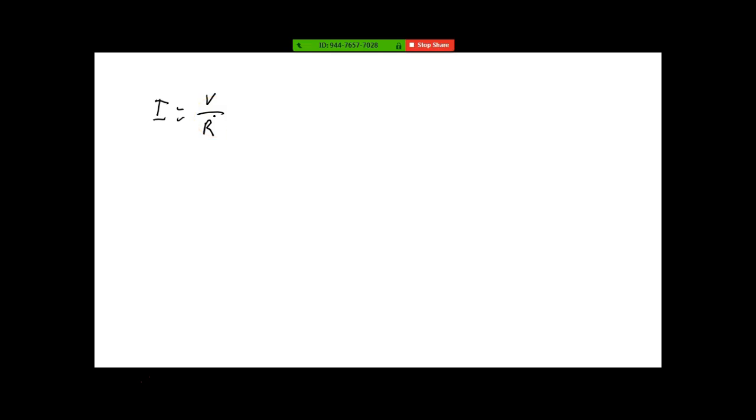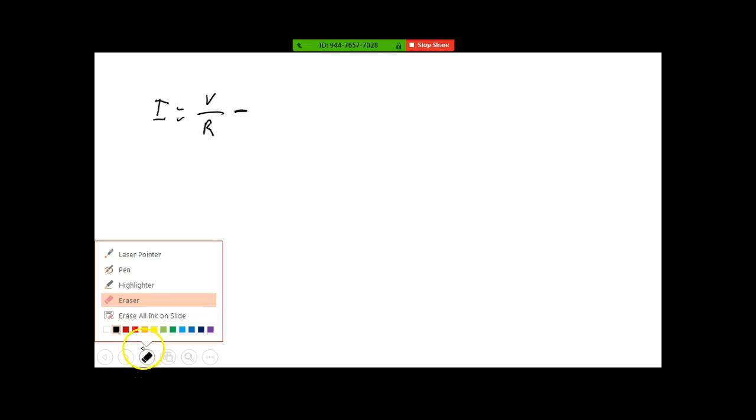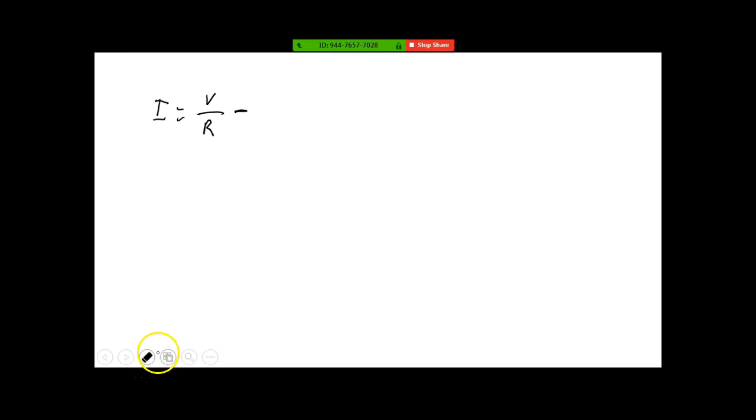Now, what basically that's saying is that the relationship, again, my pen is doing weird things, is equal to 1 over R times V. 1 over R you can think of as a constant.